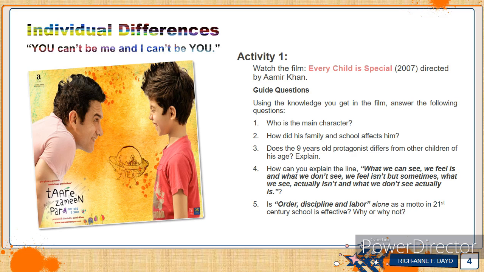How can you explain the line, what we can see, we feel is, and what we don't see, we feel isn't, but sometimes what we see actually isn't, and what we don't see actually is? Number 5. Are order, discipline, and labor alone as a motto in a 21st century school effective? Why or why not?